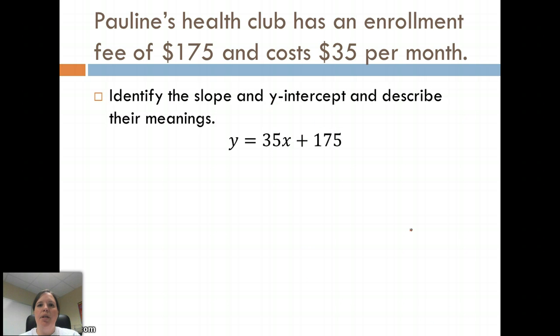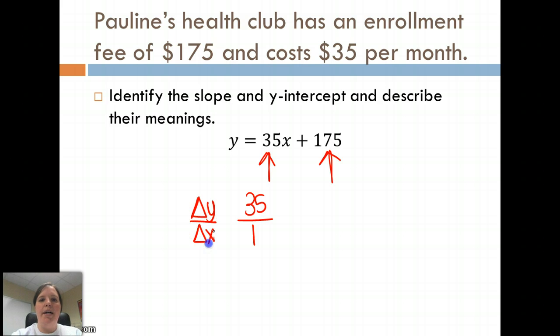Okay, and this is going to be the application part. We've done the slope piece, and we already talked a little bit about that a second ago, but thinking about the slope, 35 over 1, to figure out what these values are representing.